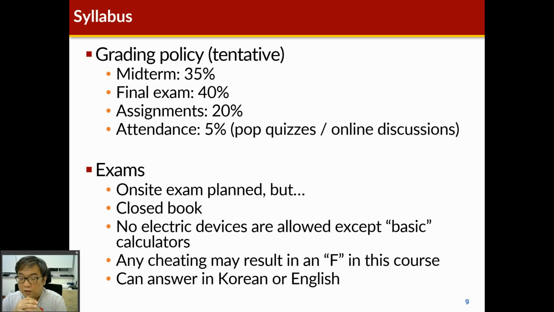Also, I may consider some online discussions, like active participation in this course using Piazza or Blackboard. But normally, I will only use the pop quiz scores for the attendance score.